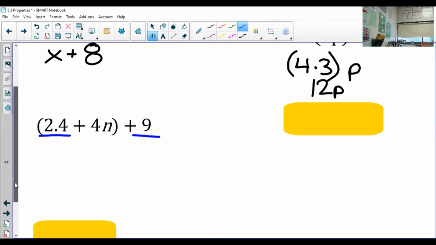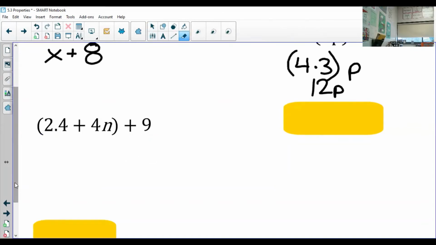So let's think about this. The commutative property says that I can move these around and I'm going to get the same answer. So what if I just switch these two numbers around? Because I'm adding right here in between. So I could switch them around and then I'd be able to add.